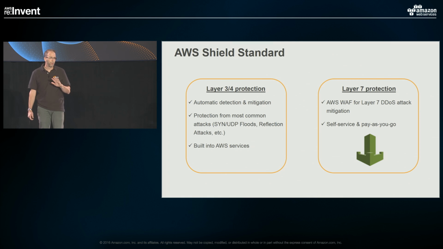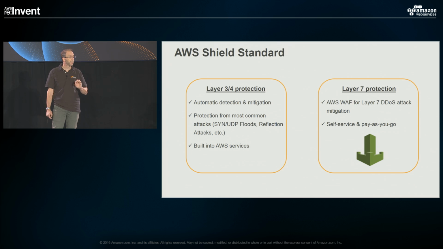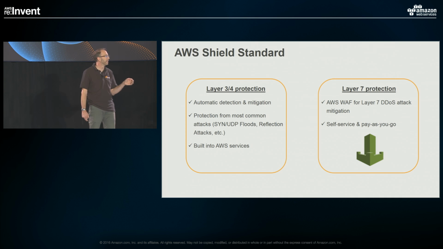Shield Standard gives you comprehensive protections for layer 3 and 4 attacks, including automatic detection and mitigation, and protects against over 96% of the common attacks that most customers see. Those include things like SYN floods, UDP floods, reflection attacks, et cetera.